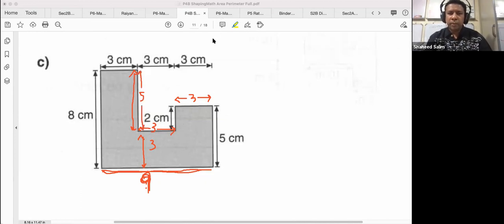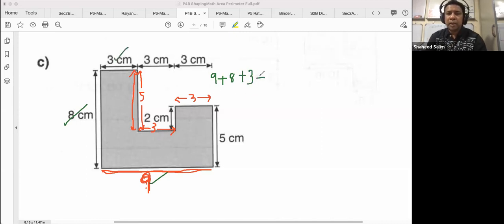So I'm going to remove the parts you don't need to add. Only those you need to add. As we add, we mark. Okay, 9. We put 9 on here. Plus 8. Then plus 3 down here.